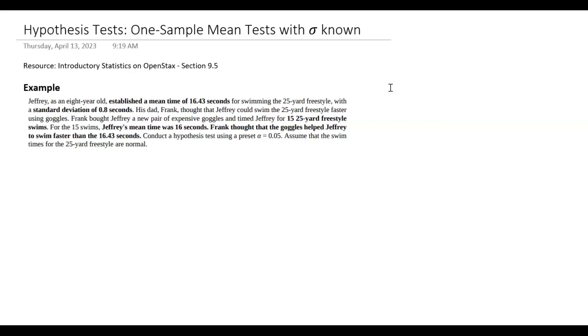So that established mean means that his true population mean is 16.43 and his standard deviation of all his swimming times is 0.8.